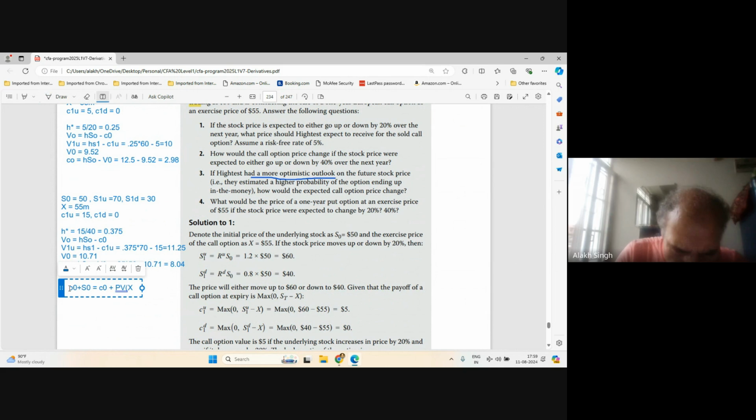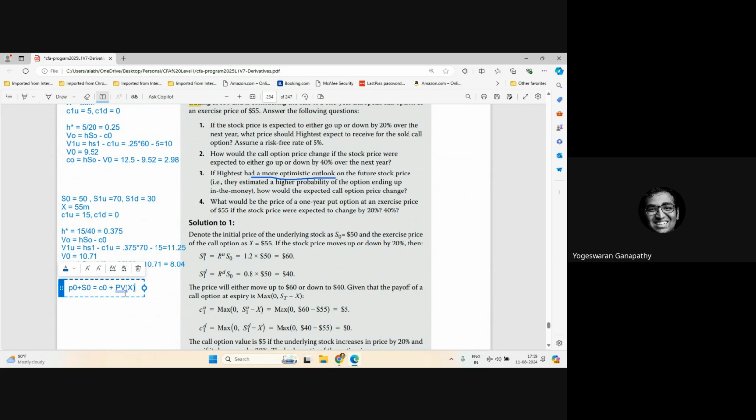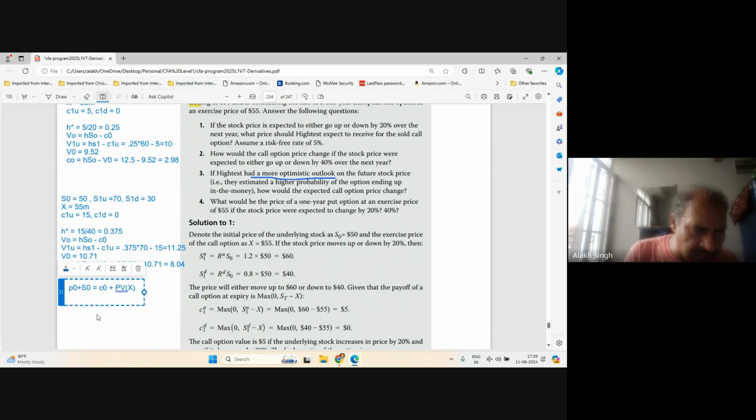So what is X here? X is 55. So what is its present value? I will write P0 is equal to present value of X plus C0 minus S0. C0 is how much? 2.98 for 20%.